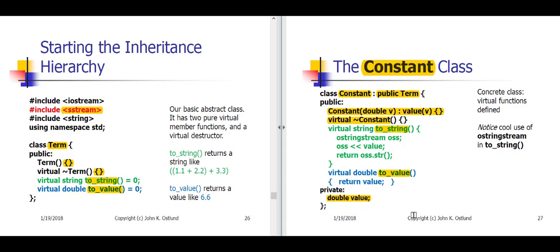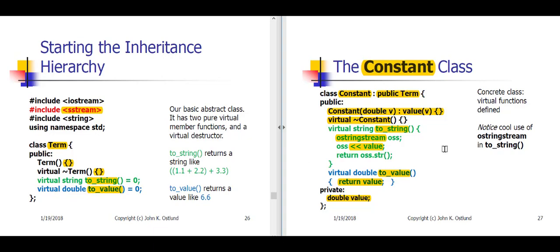Let's look at toValue first. toValue is very simple because all it needs to do is to return the value of the value private data member. toString is a little bit messier. We're creating an ostringstream object named oss. That data type is described in the sstream header that we showed over near the top of slide 26. And what's nice about the ostringstream class is that we can treat it like a file, and we can simply insert the value of this data member named value into oss.